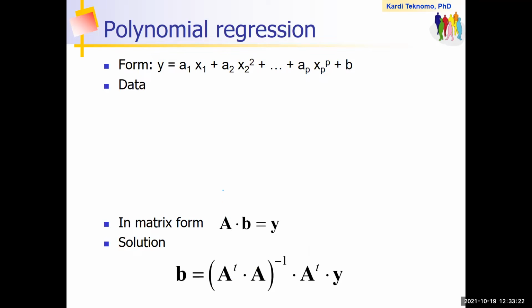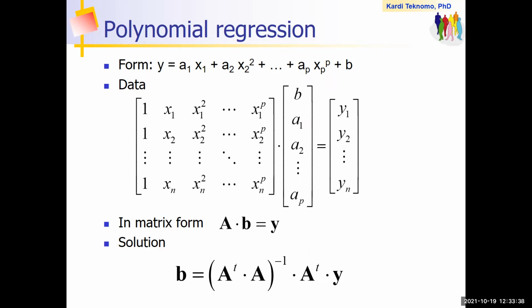Now, what happens if you use polynomial regression instead of multiple linear regression? Look at the model here. I'll put red ink here.